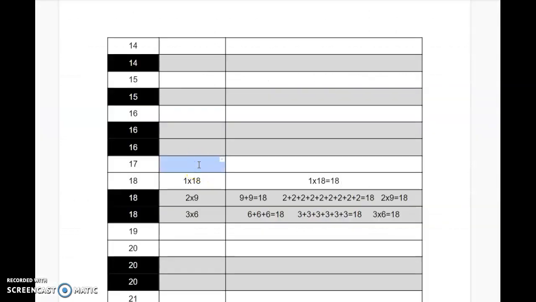Now we would label this rectangle by our rows and columns, just like our other rectangles. We have 1 row by 17 columns or tiles. And I know we don't want to sit and count 1 plus 1 plus 1 plus 1 plus 1 until we get to 17 for this one either. So what could we write instead to show an equation?